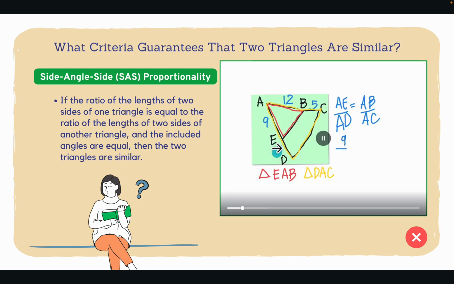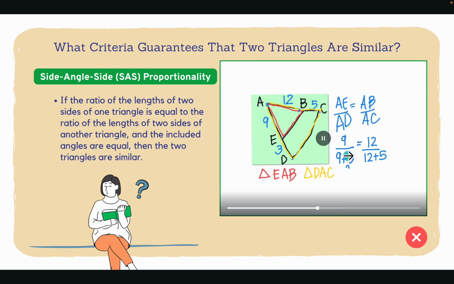I'm going to check these triangles that are within one another, triangle EAB and triangle DAC. I know that their angle is similar because they share it.